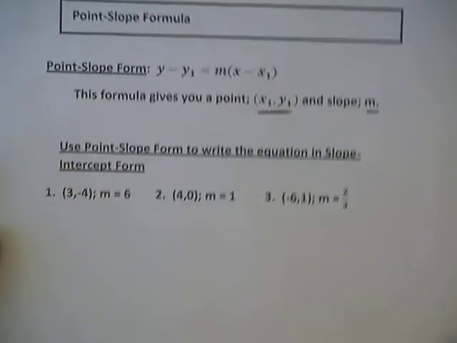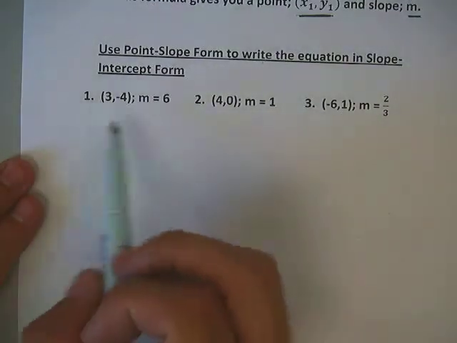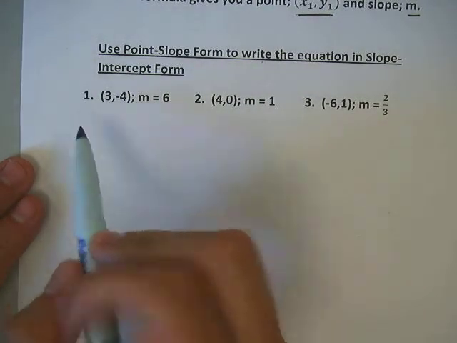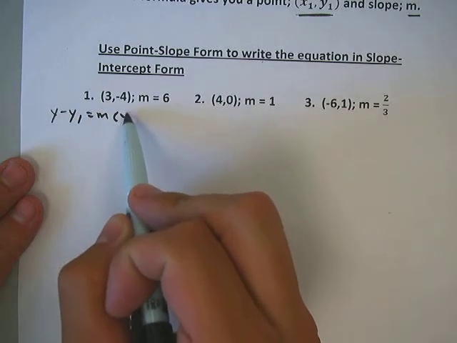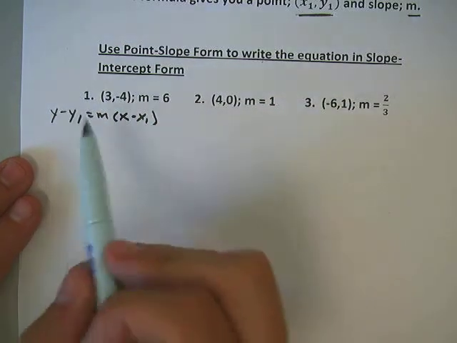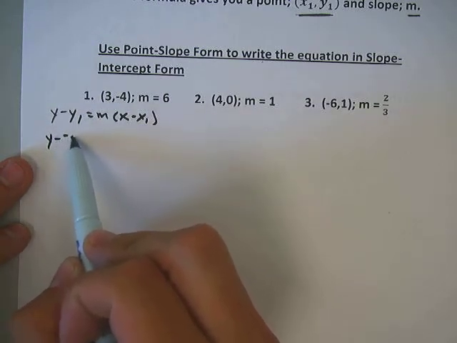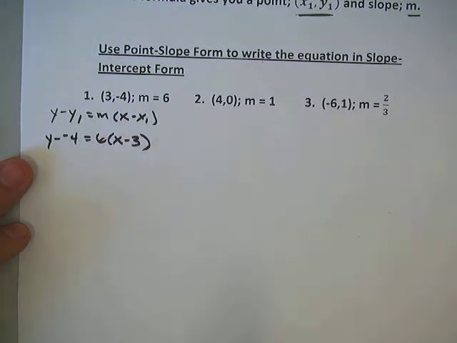So for instance, what if I were to give you, let's say, this point and this slope? The way you would come up with the equation of this line is you would use the formula y minus y1 equals m times x minus x1. And I would just plug in my y is negative 4, so it's y minus negative 4 equals 6 times x minus 3.